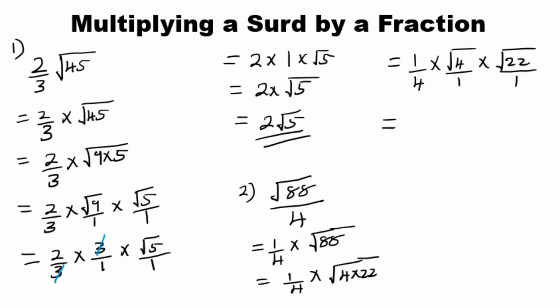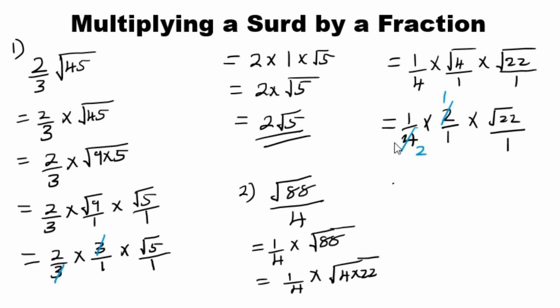So moving on, we have 1/4 times the square root of 4, which is 2. So this will be 2/1, and 22 is not a perfect square, so we leave it as the square root of 22, all divided by 1. Okay, so next we see that we can reduce it. 2 is gone, 1 and 4, we are left with 2.